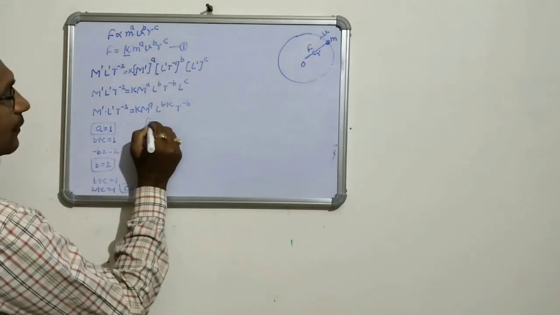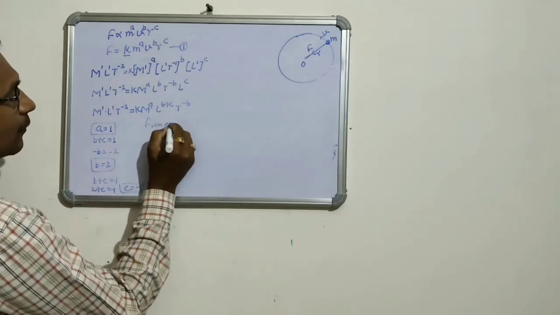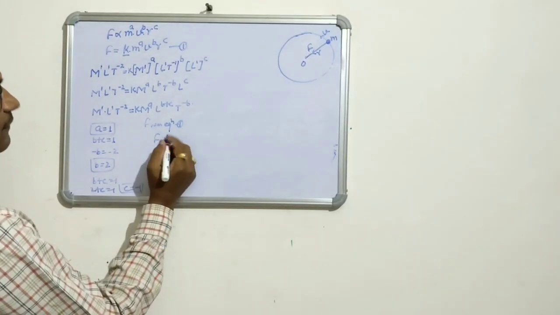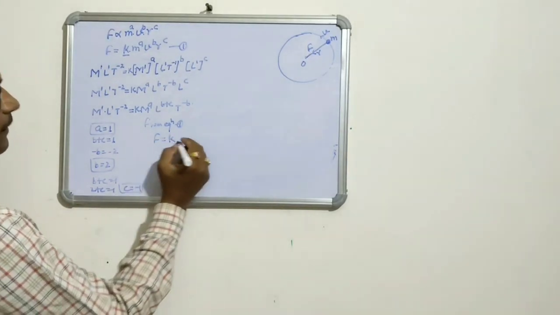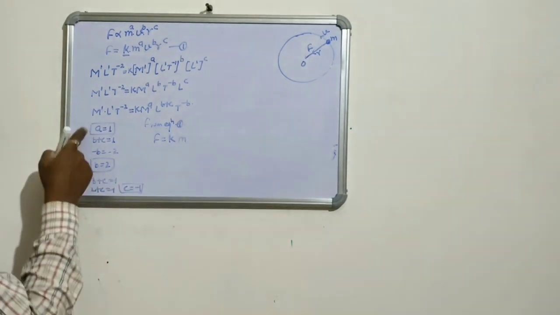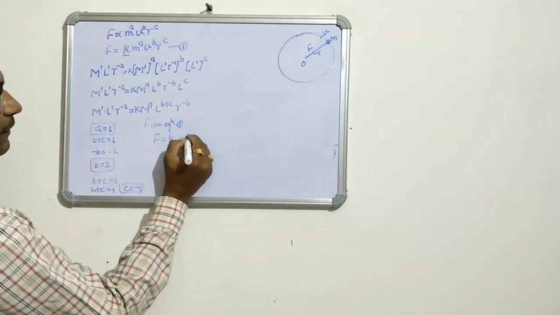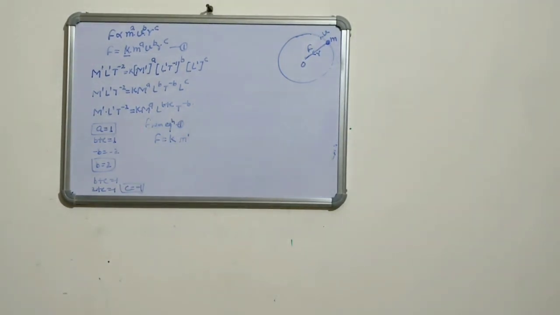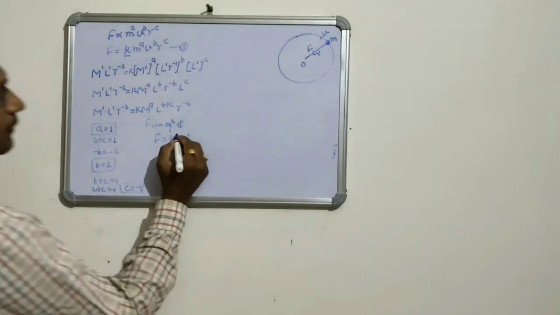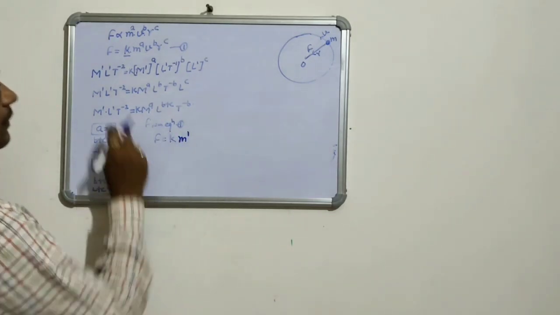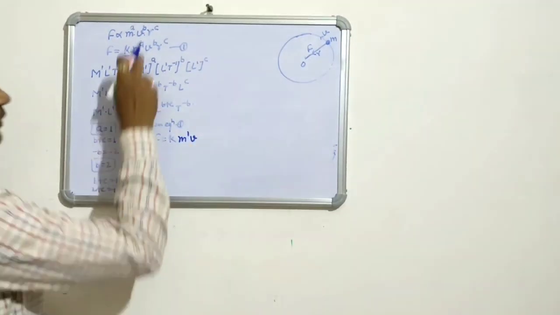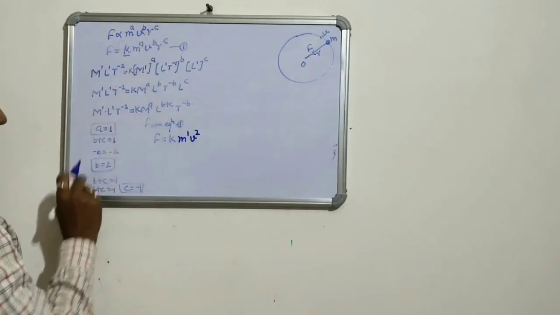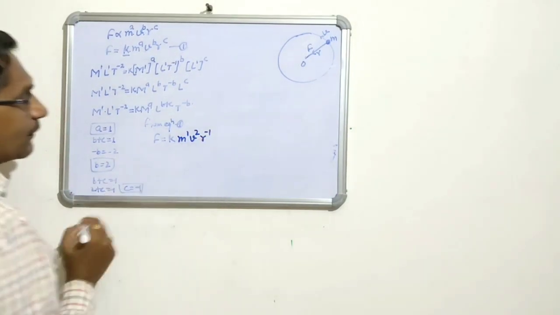From equation 1, F equals K M to the power a, where a equals 1, V to the power b, where b equals 2, and R to the power c, where c equals minus 1.